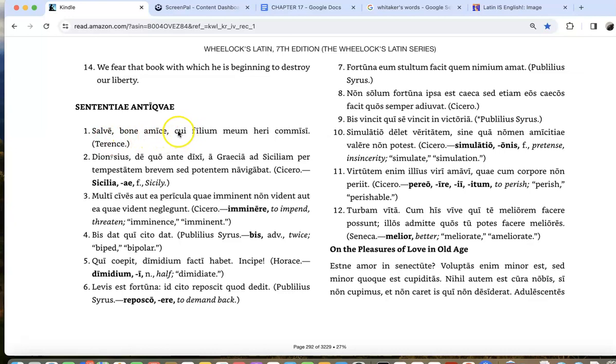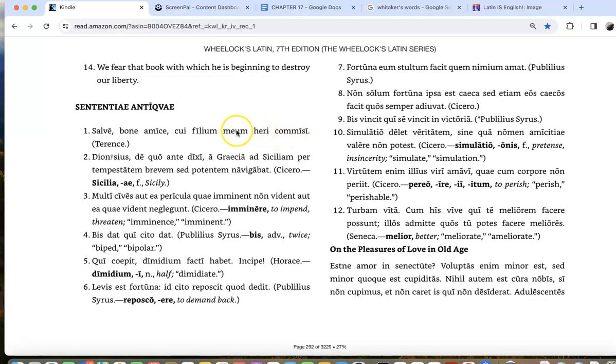So here's our relative pronoun cui referring back to friend. So is friend singular or plural? Singular. What is its gender? Well, in this case, it's masculine. But then what is its function in the relative clause? In this case, after the comma, its function in cui filium meum heri commisi is the indirect object or the dative case, because here's our subject and verb.